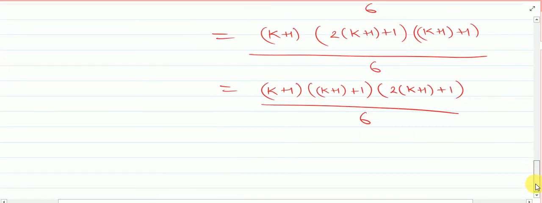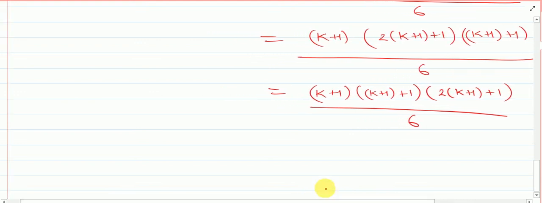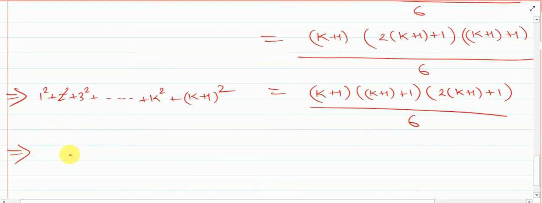So this implies that we got 1 square plus 2 square plus 3 square plus dash dash dash plus k square plus (k plus 1) whole square is equal to this. But you can observe that this is nothing but this statement, because here you can see last term is k plus 1. So here you are getting k plus 1 into k plus 1 plus 1 into 2 times (k plus 1) plus 1.